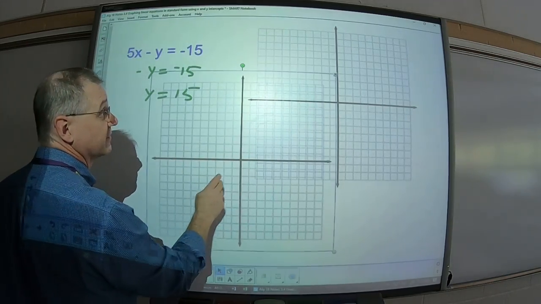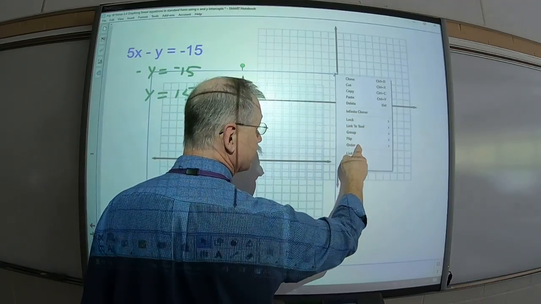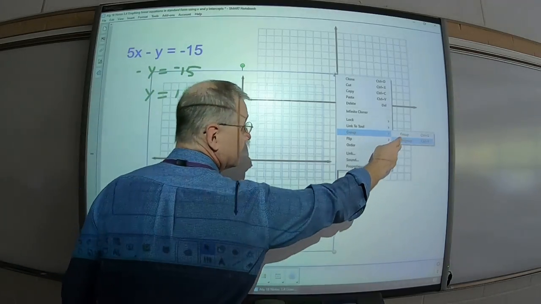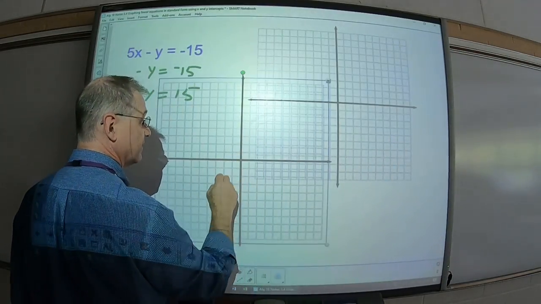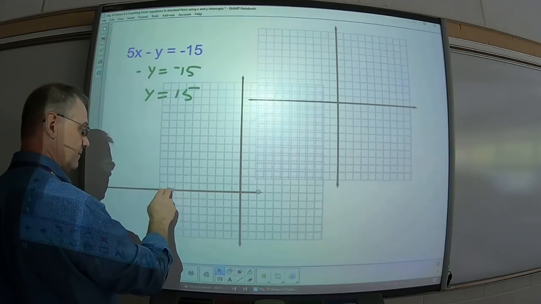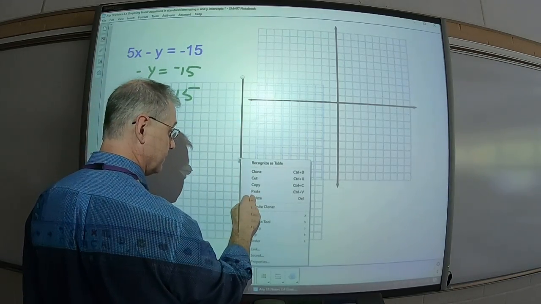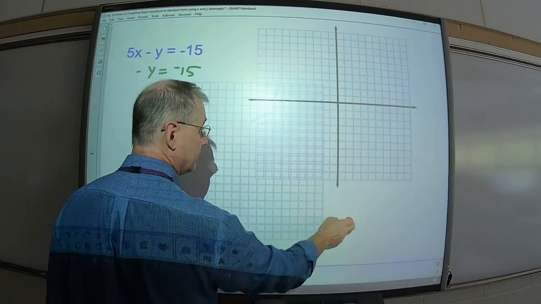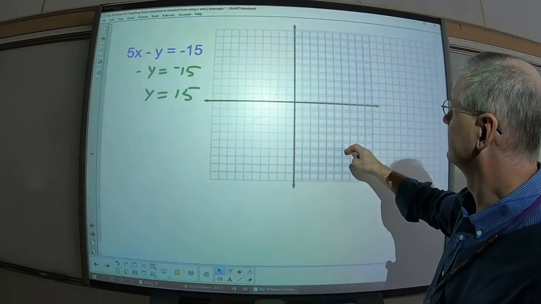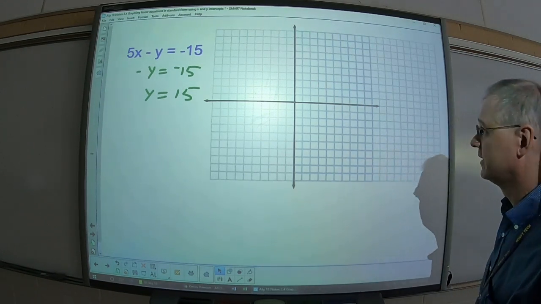I just have to take this, ungroup it, and I just have to get rid of that, and rid of this, and then I can just overlap it. And now I'm ready to go.